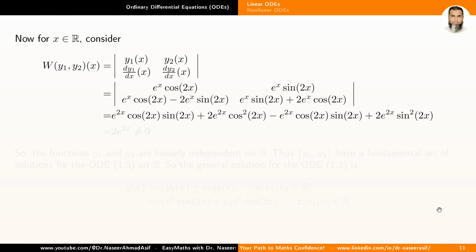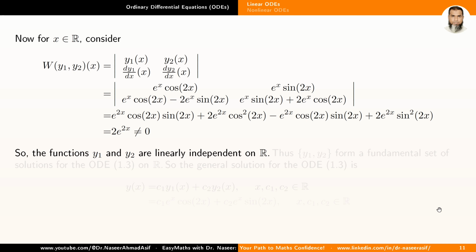Expanding the determinant, we have e^2x cos 2x sin 2x plus 2 e^2x cos² 2x minus e^2x cos 2x sin 2x plus 2 e^2x sin² 2x, which is equal to 2 e^2x, which is non-zero.